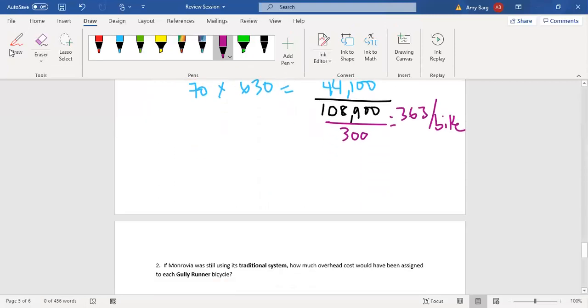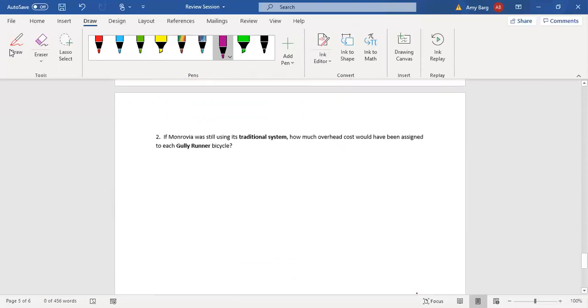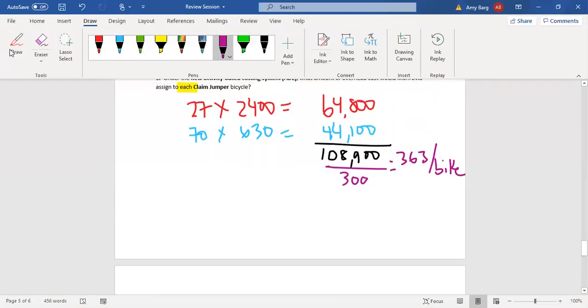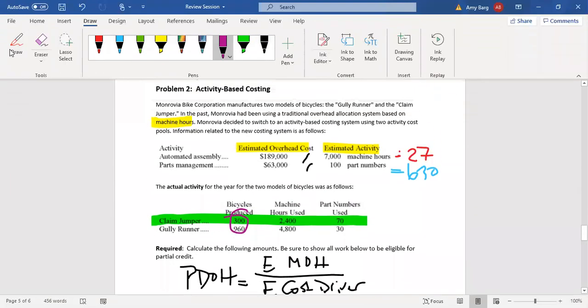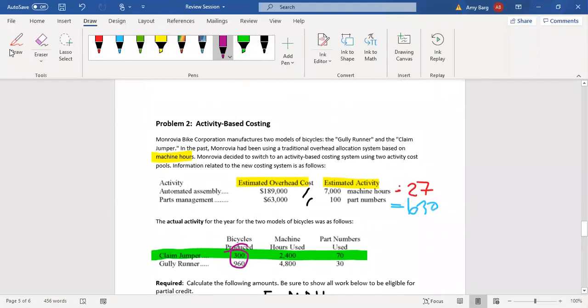All right, so now, if Monrovia was still using its traditional system, how much overhead costs would have been assigned to each gully runner bicycle? Okay, so now we want to go back to the traditional system. For the traditional system, we don't want to know the estimated overhead cost for each individual thing. We want to know the estimated overhead cost total.